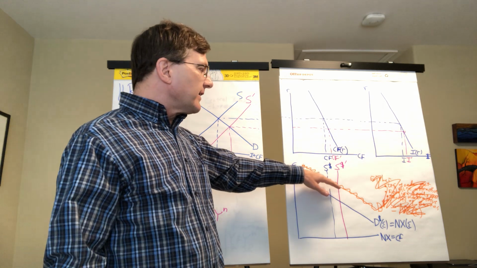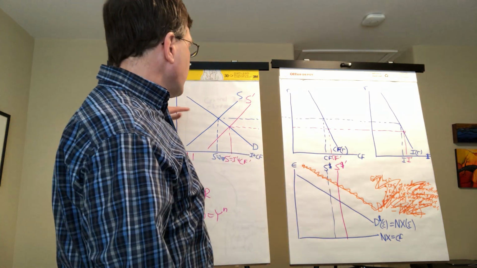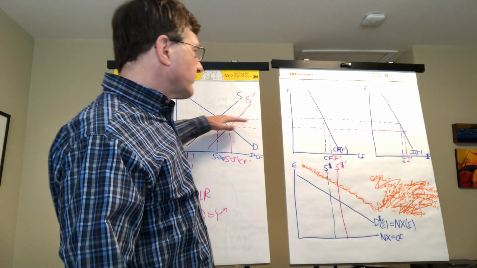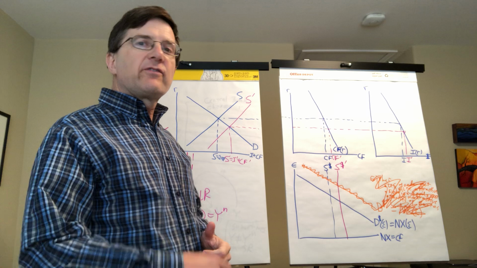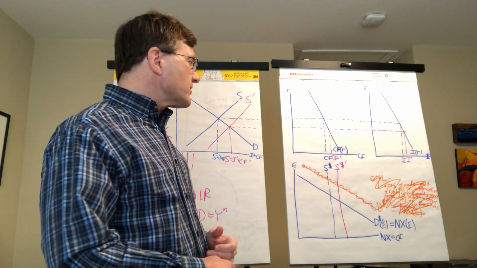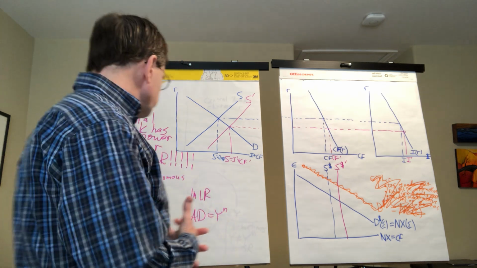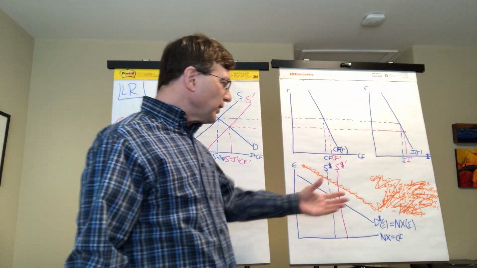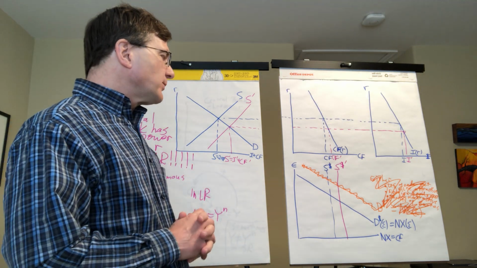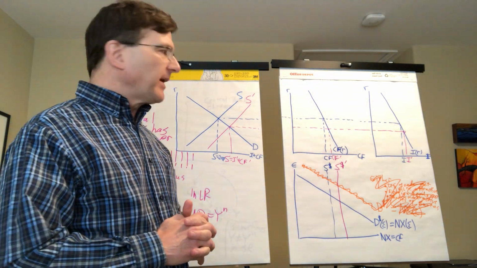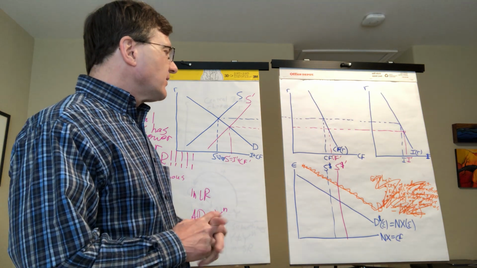What we found there is it didn't change the amount of net exports, and because it didn't change any of these curves up here, it didn't change the amount of investment. There's no reason it would have changed the amount of government purchases, and it also didn't change the natural level of output. So the amount left over for consumption would be the same.